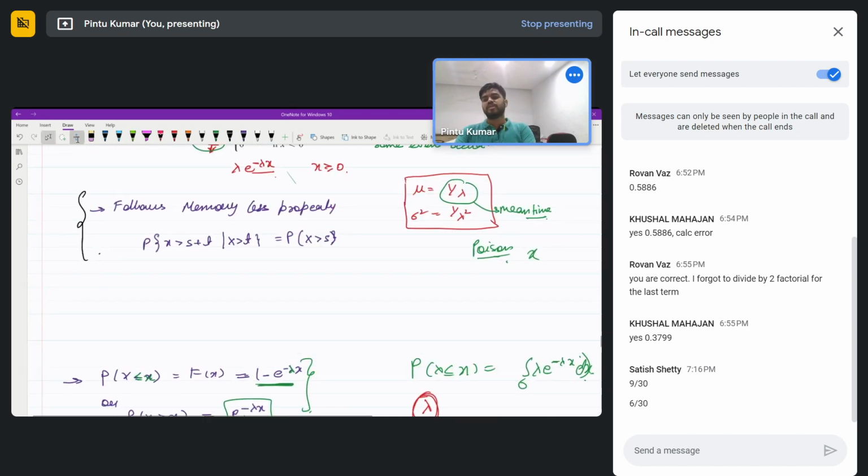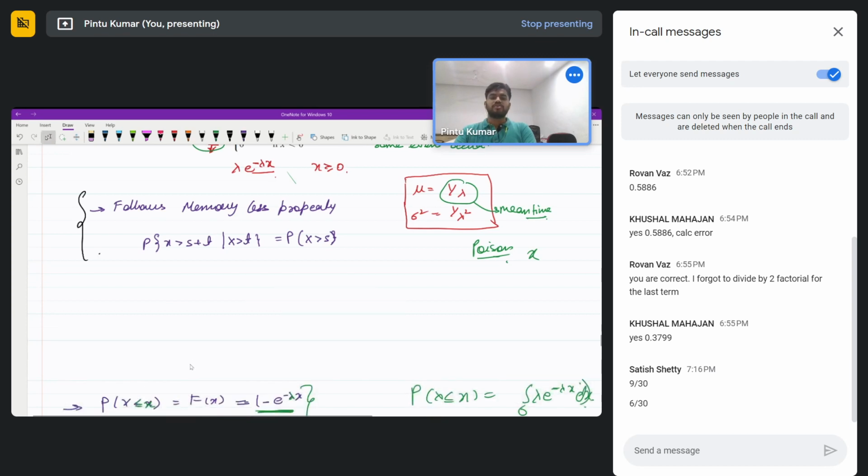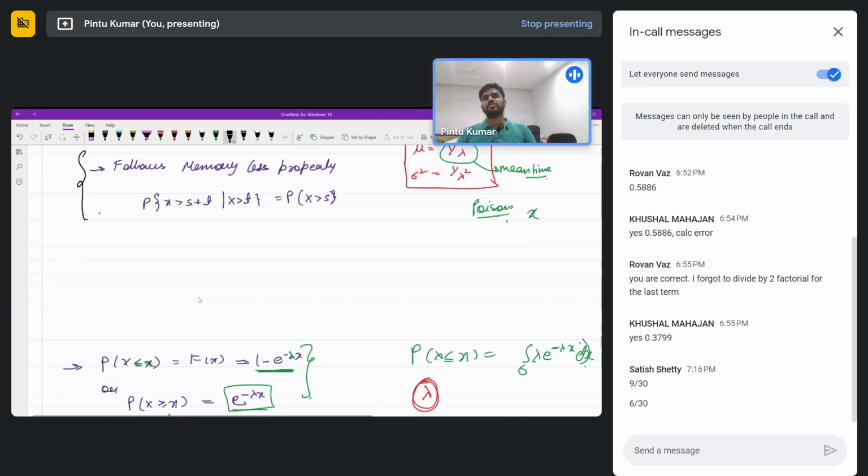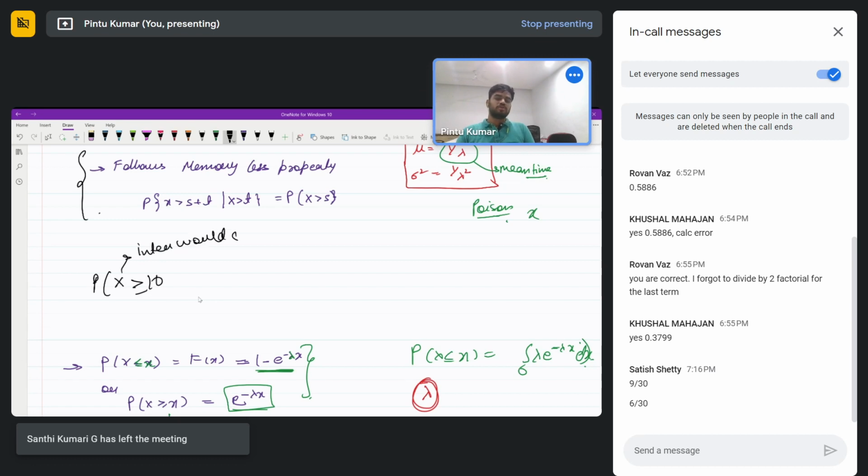Let's say when we began this lecture, what is the probability that the internet would stop working from my side after, let's say, 10 minutes. So X is the event that the internet would stop working after 10 minutes. Okay. So this is how we represent this probability.